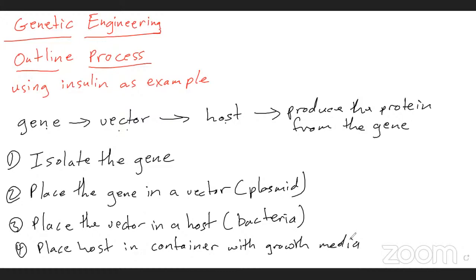All right, so we need a little diagram now to outline this. So you just isolate the gene, place it in a plasmid in bacteria.